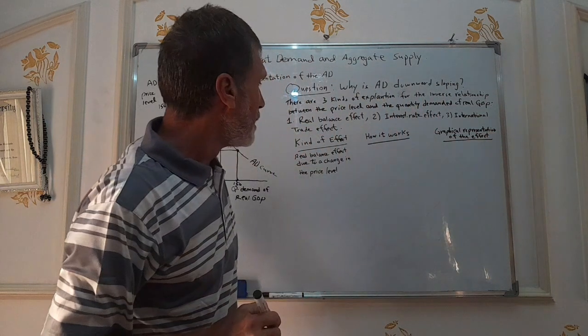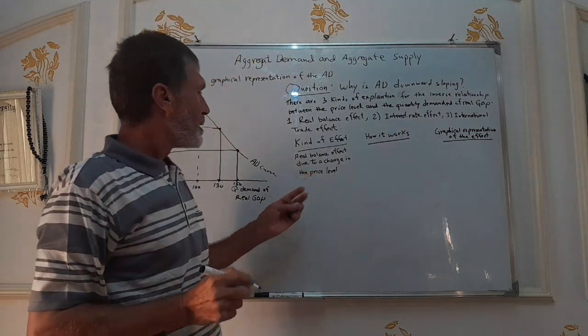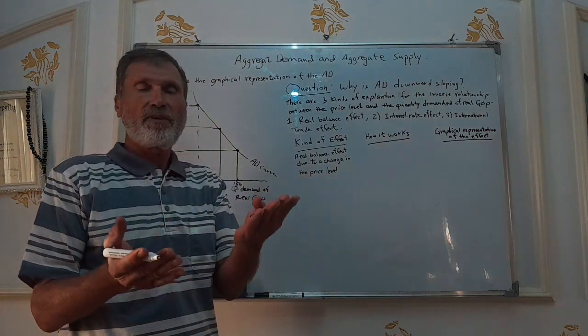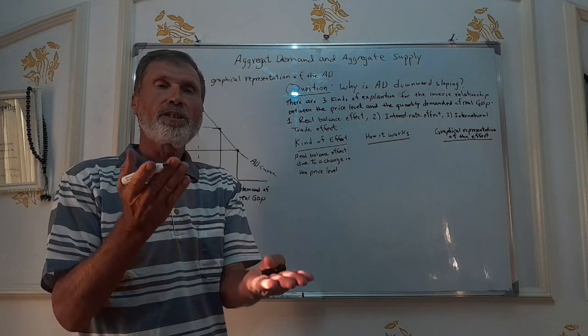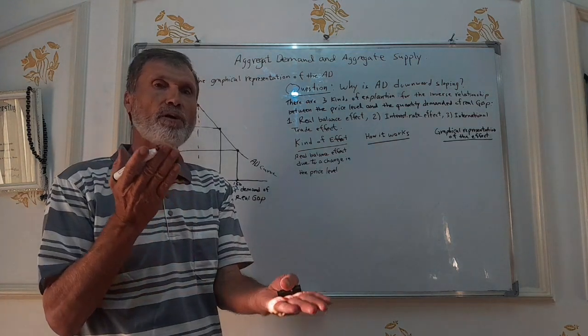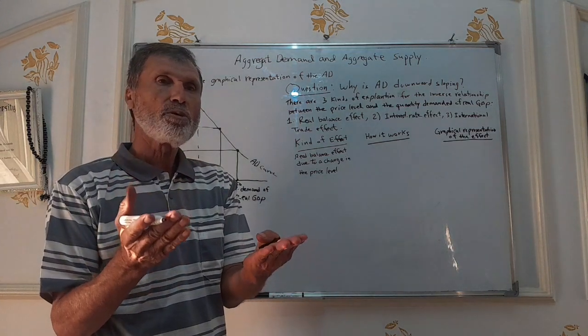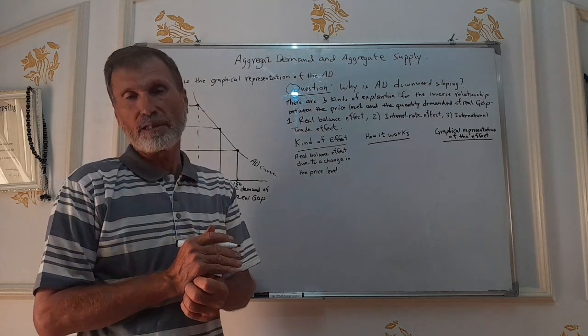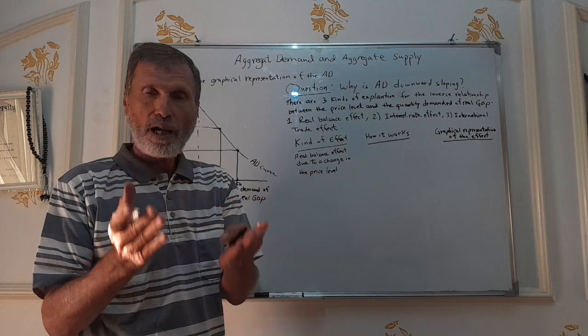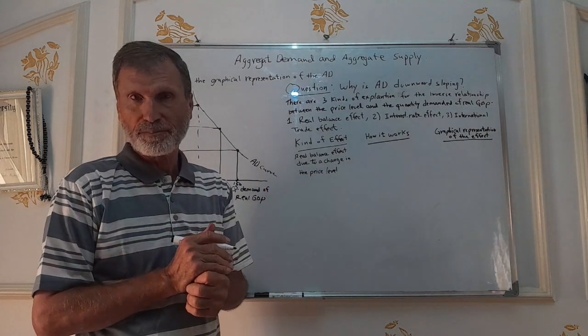Okay, great. Now, the real balance effect states that the inverse relationship between the price level and the quantity demanded is established through changes in the value of monetary wealth, the wealth of the consumer.